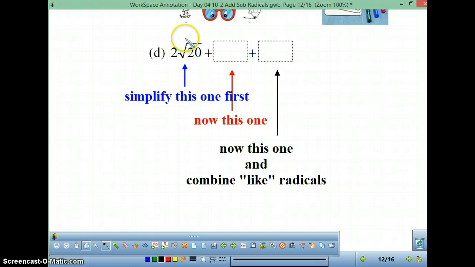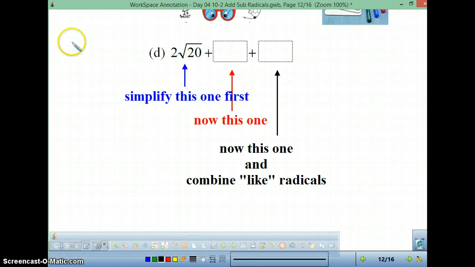Let's start here. Can you simplify 2 root 20? Okay, 2 root 20 is the same thing as 2. Can we factor 20? That's the same thing as 4 times 5. This is a perfect square. This is a prime. We're good.